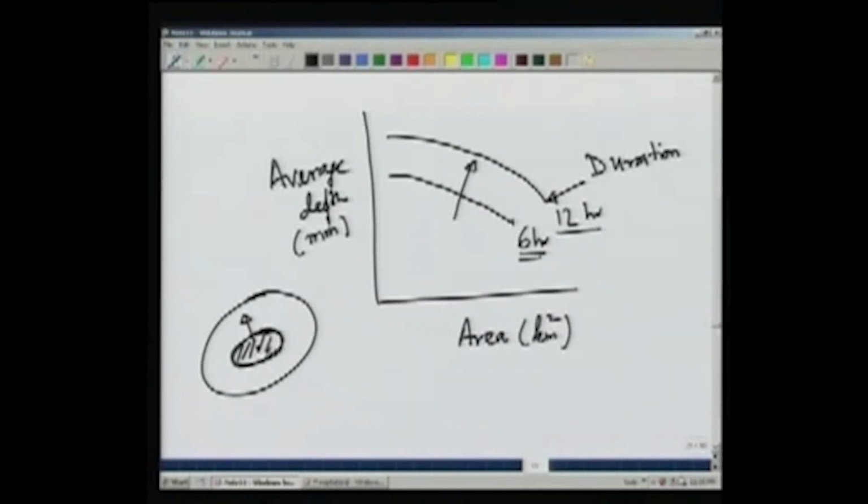There is sometimes an empirical equation also given for variation of rainfall average depth with area as P = P0 e to the power minus k A to the n, where P0 is the point rainfall value which we obtain from the rain gauge.